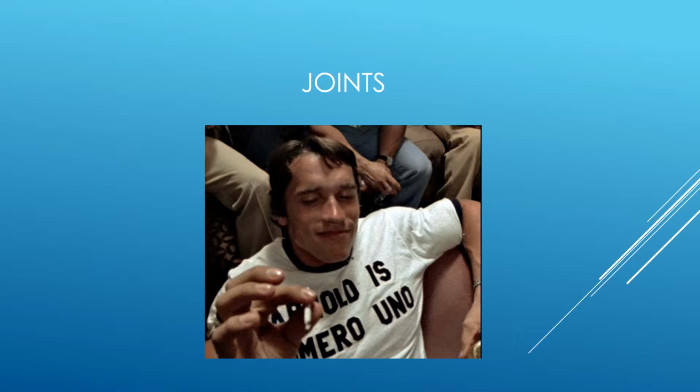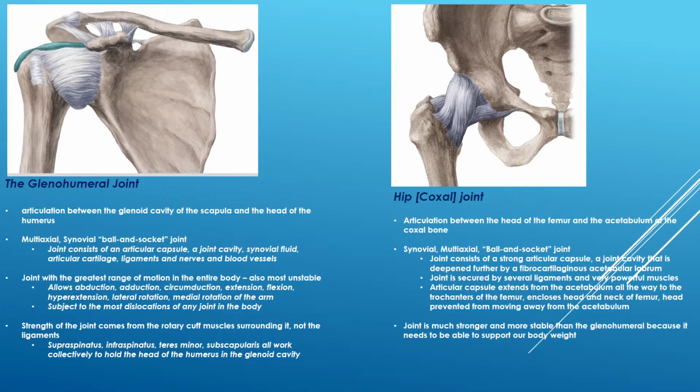Next, we'll discuss the joints of the upper and lower limbs. Beginning with the glenohumeral joint and the hip joint, both joints are multi-axial synovial ball and socket joints. The glenohumeral joint, however, has the greatest range of motion in the body.